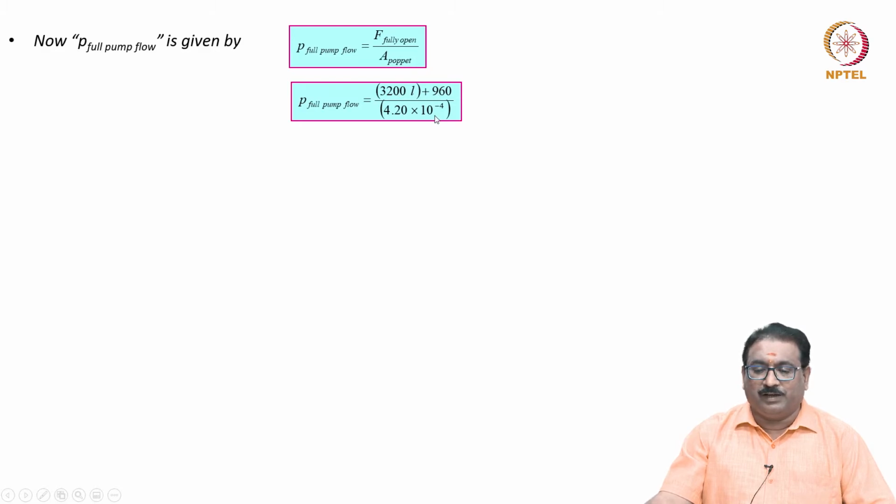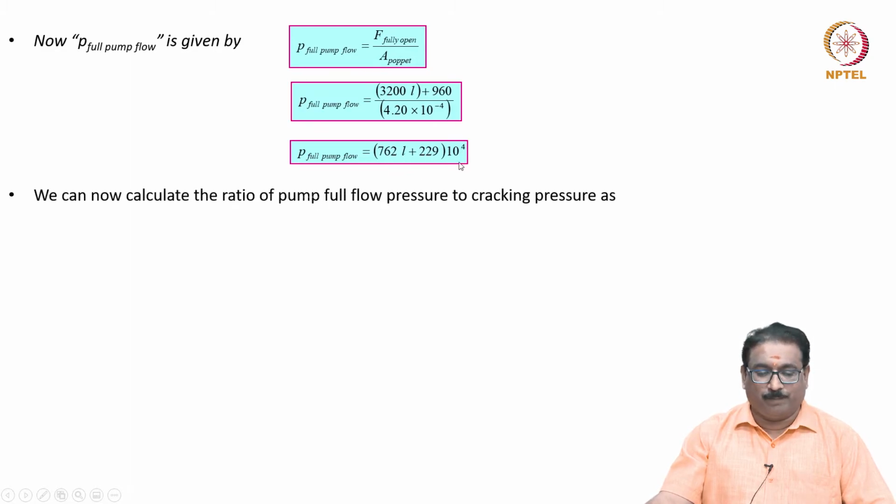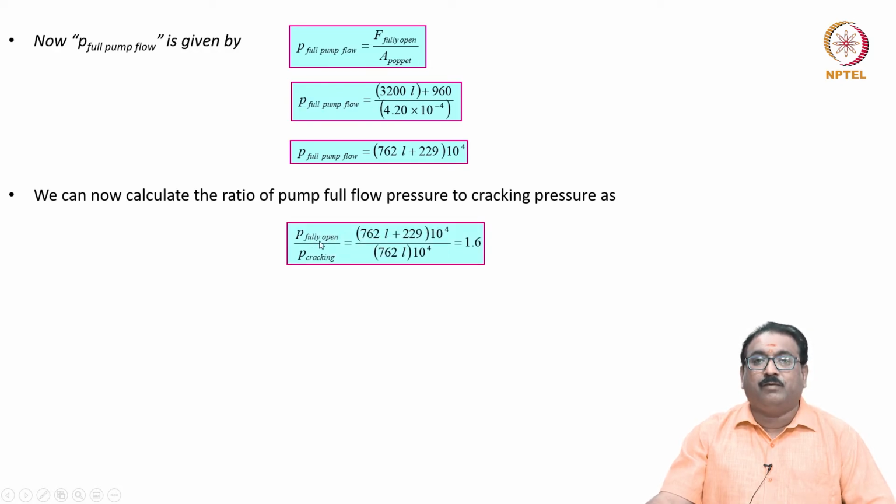Substituting the value here, after simplification, I will get 762 L plus 229 into 10 to the power of 4. We can now calculate the ratio of pump full flow pressure to the cracking pressure, P fully open by P cracking, correct, which is equal to the given condition 1.6.